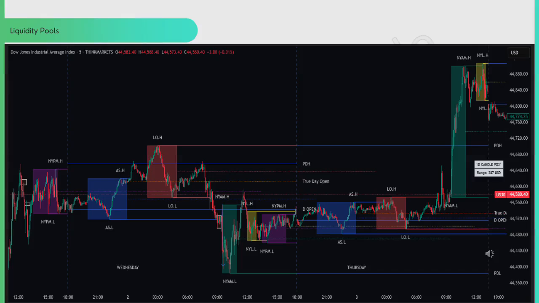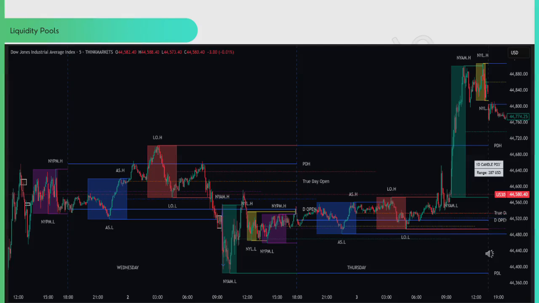The PDH there is the previous daily high, and the two day open there is the midnight open. So all of these levels are the important levels that price navigates towards and where liquidity pools are sitting. So the same here, Thursday to Friday, see D open there is the daily open.